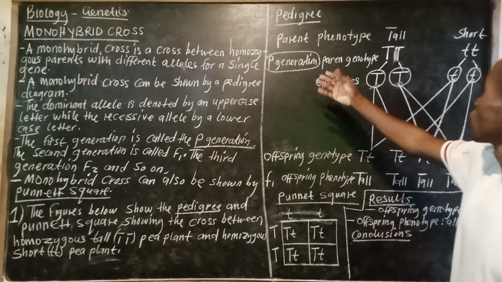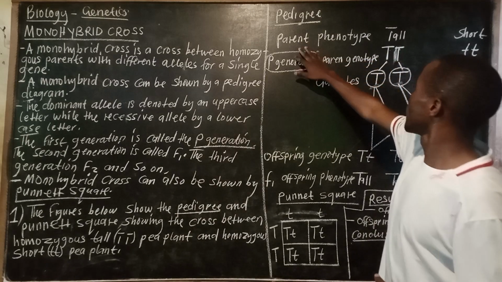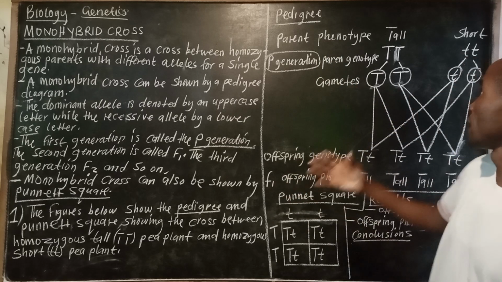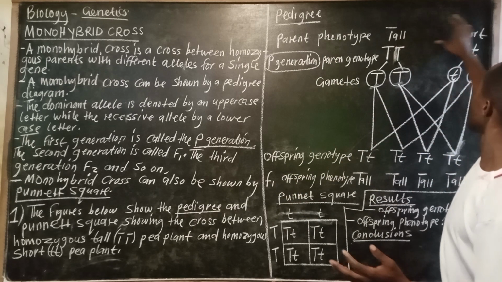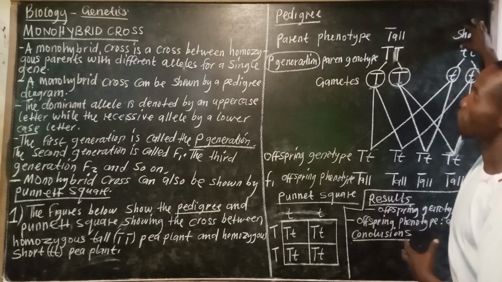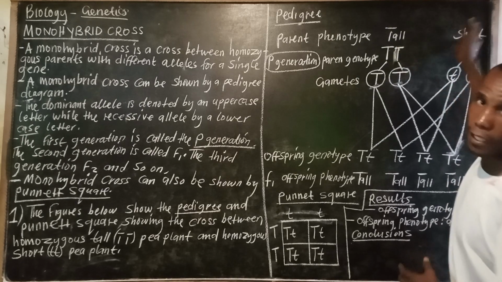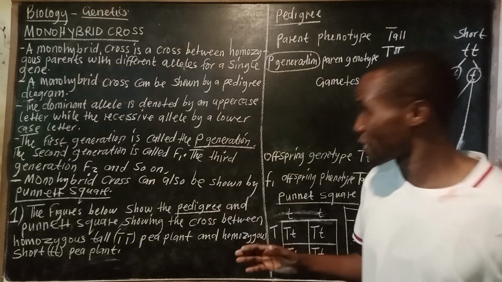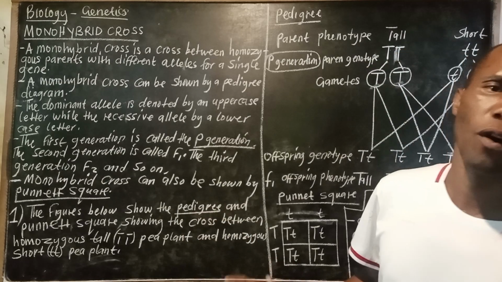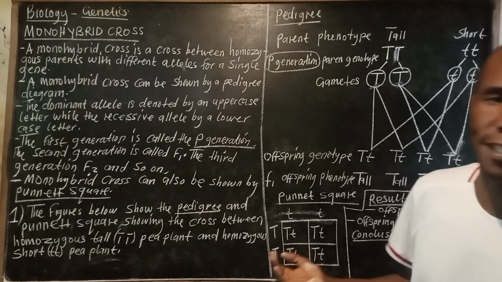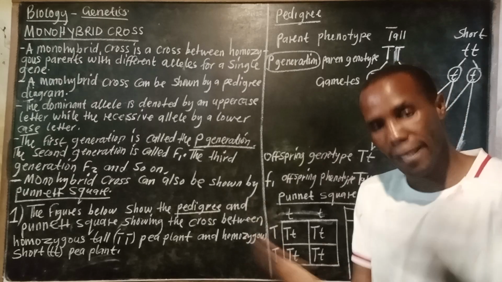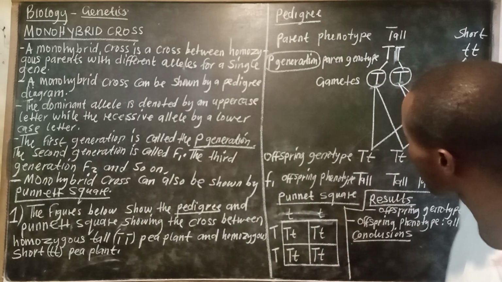We are going to see the parental phenotype, the physical appearance. That is tall. Then this side we have short. There is a tall parent here, homozygous, then a short parent, homozygous. When you say homozygous, that is pure tall, pure short. There is no recessive, no other allele or gene that is hidden there.